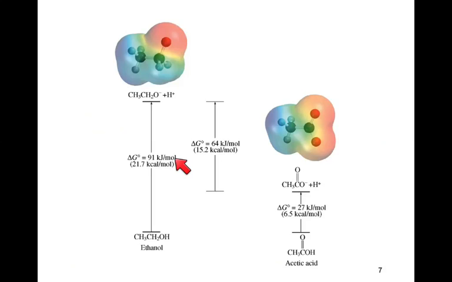So it requires a great deal of energy to remove the proton, and that goes along with the pKa. By contrast, removal of a proton from something like acetic acid is a much lower delta G. It's correspondingly more acidic, and we can see the difference here. Again, this is entirely the result of the stabilizing effect of resonance and induction here, and the fact that over here we have no internal stabilization. The only thing stabilizing the alkoxide ion would be solvation effects.